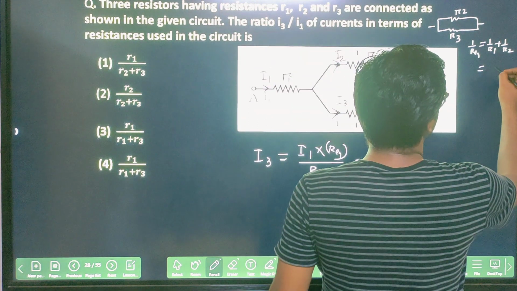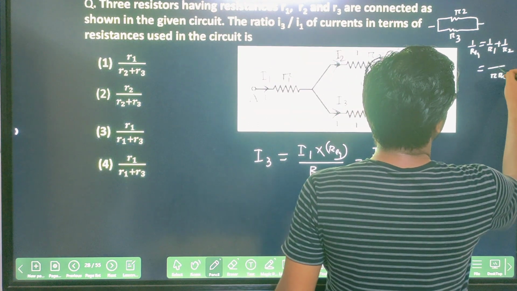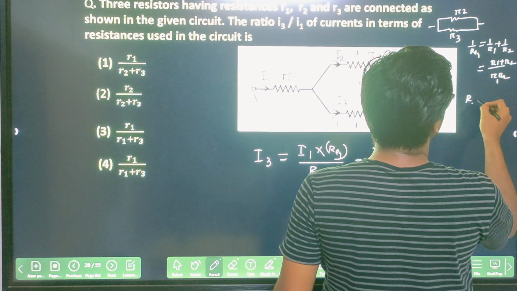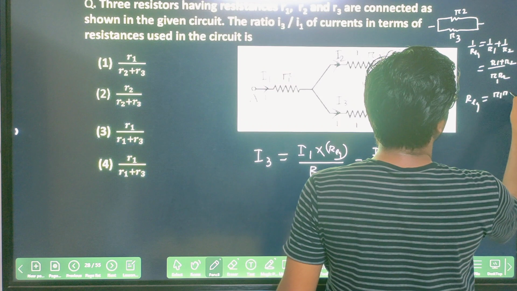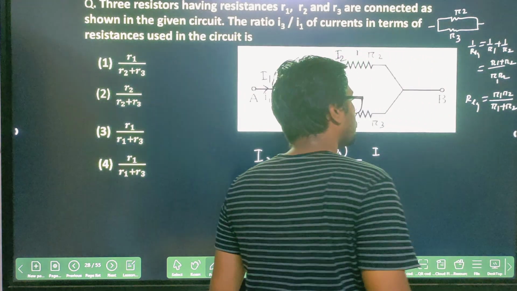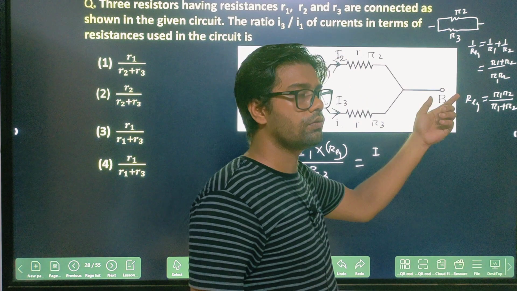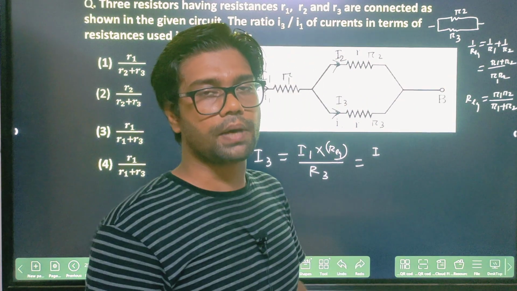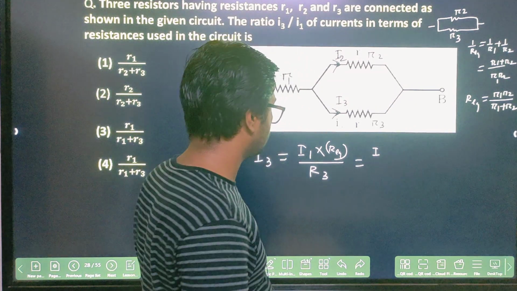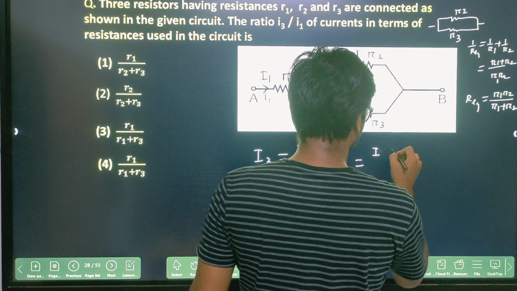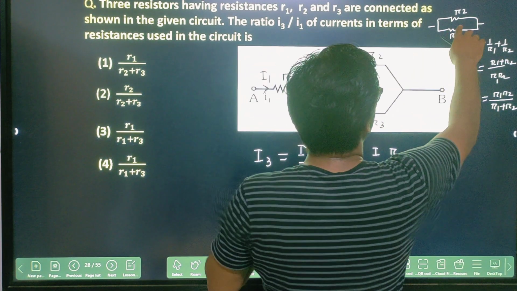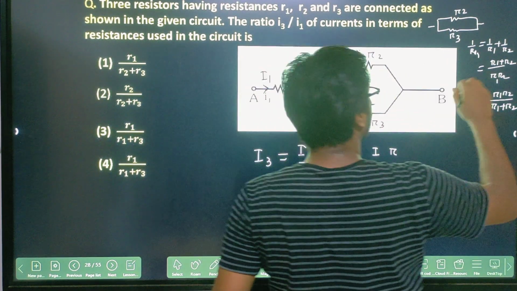So it will be R1 R2 divided by R1 plus R2. You can remember, if two resistors are connected in parallel, the equivalent resistor will be R1 R2 divided by R1 plus R2. Here they have given R2 R3, and we have taken R1 R2.